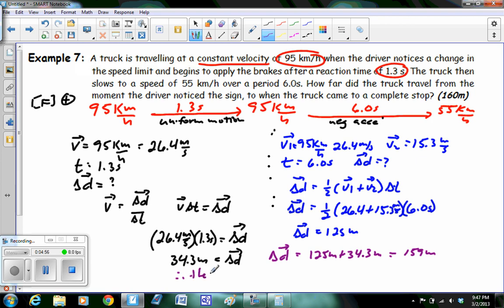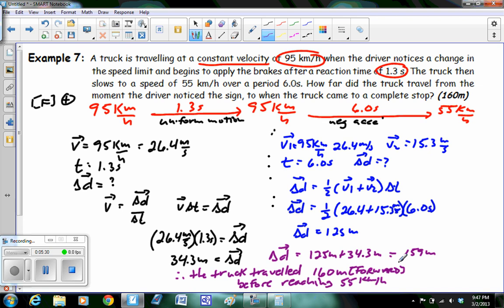Therefore, the truck traveled, let's see significant digits, looks like 160 meters forward before reaching 55 kilometers an hour. That's it.